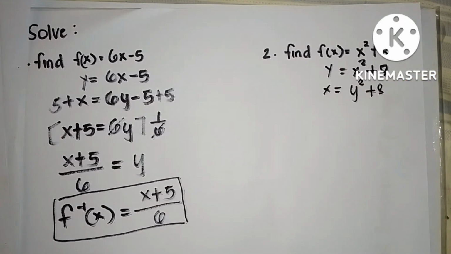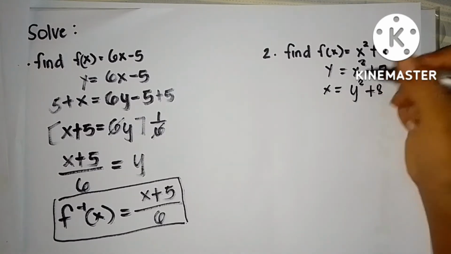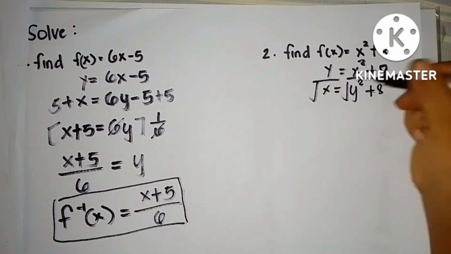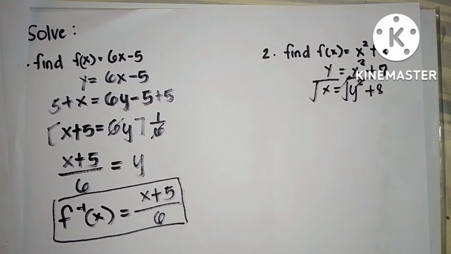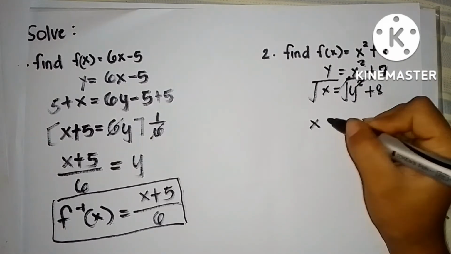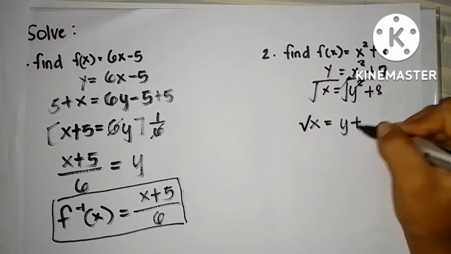And then solve for y. To solve, we need to find the square root of both sides. We have square root and square root. So cancel the 2 and the square root. So the left will be the square root of x equals y squared... plus 8.